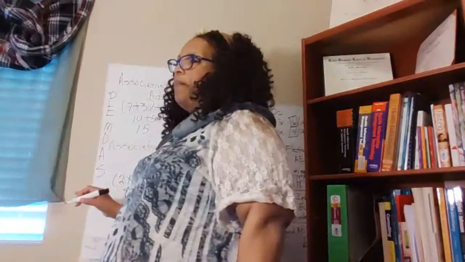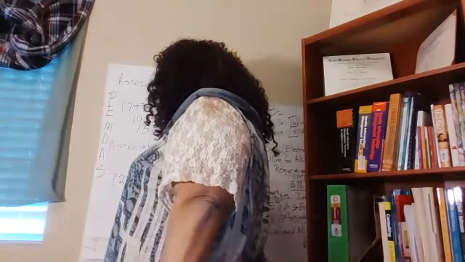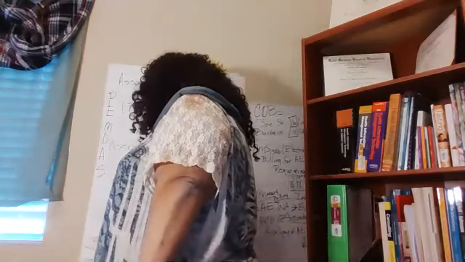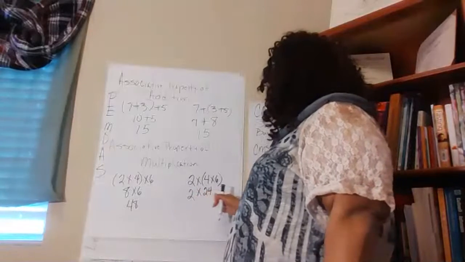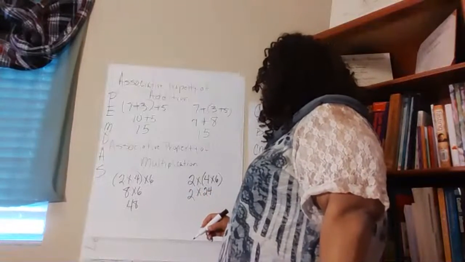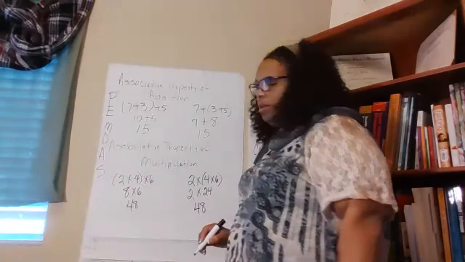What is 6 times, let's go back to the left side of the paper. What is 6 times 8? 48. Okay, 48. Now, going back to the right side of the paper, what is 2 times 24? 48. Very good. Very, very good.